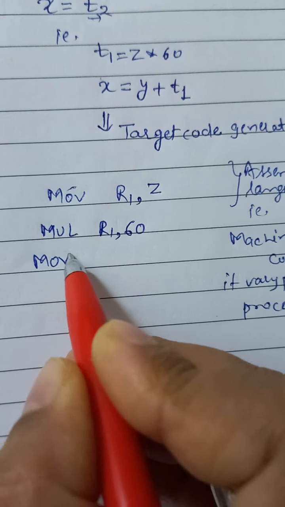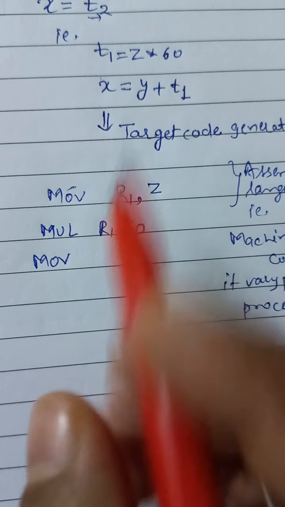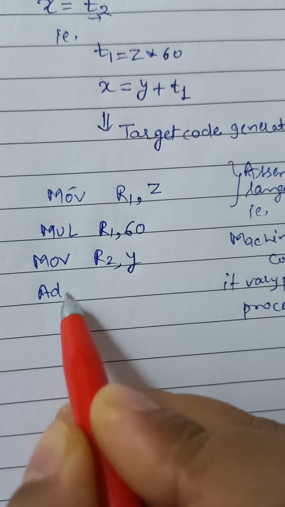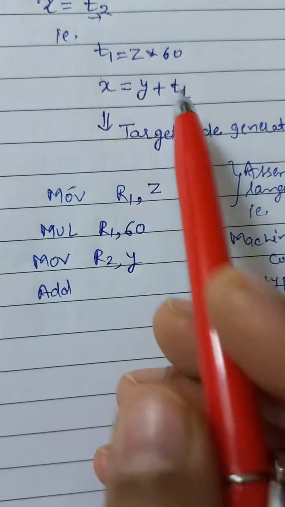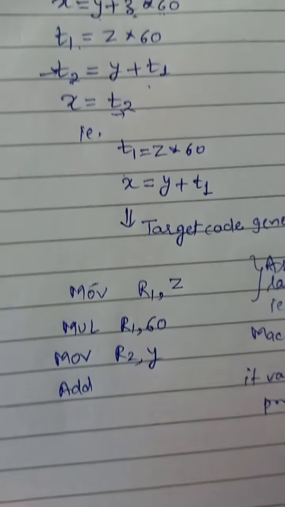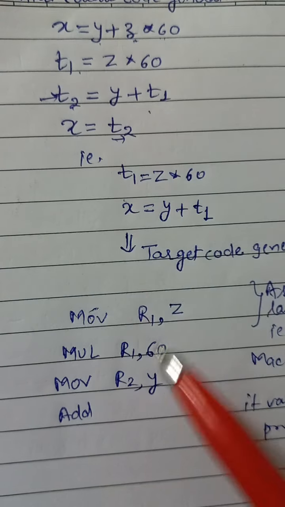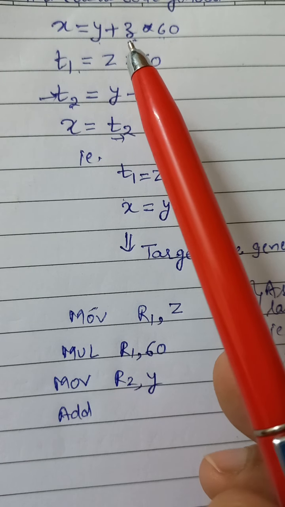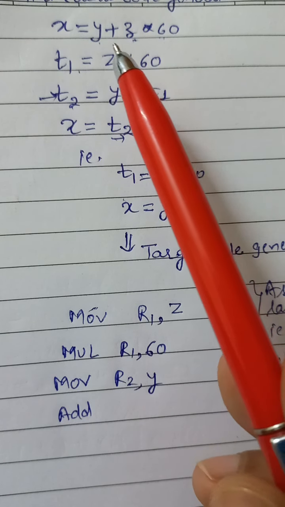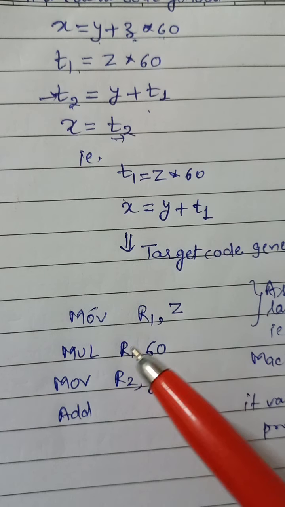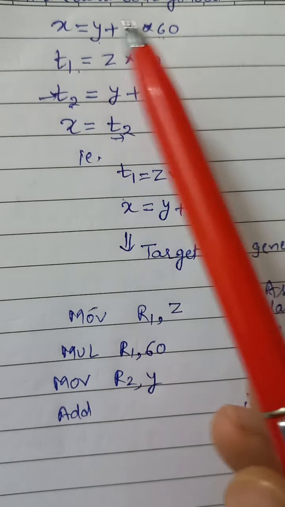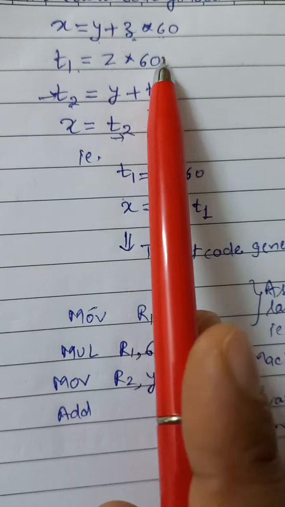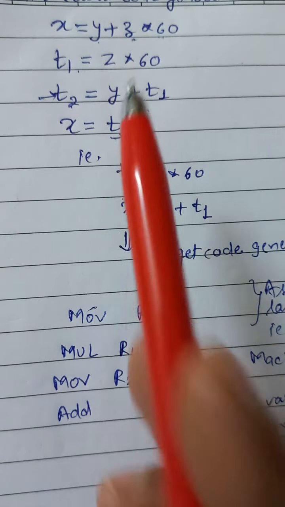Then again we move the y value into the r2 register, then we add r1 and r2, because initially what we have is x is equal to y plus z into 60. In r1 we have the z into 60 value, and in r2 we have the y value, so we are adding r1 plus r2.